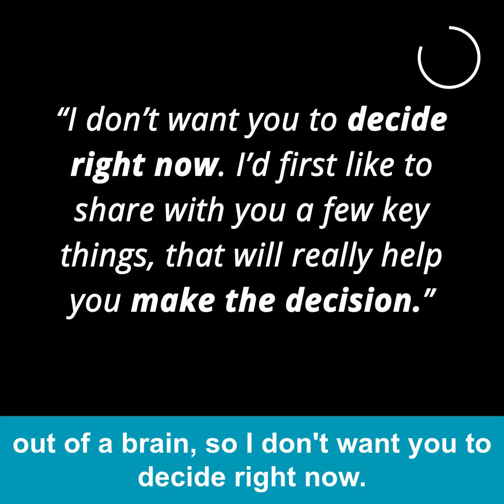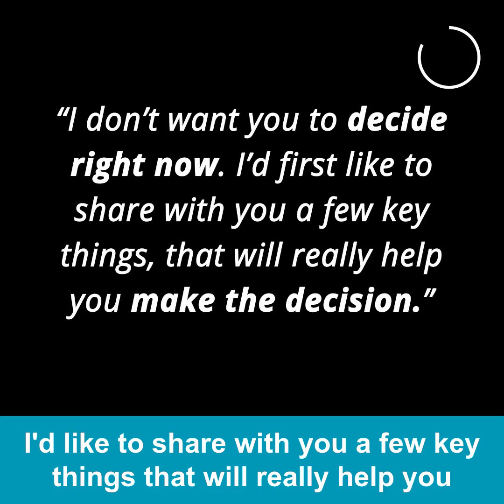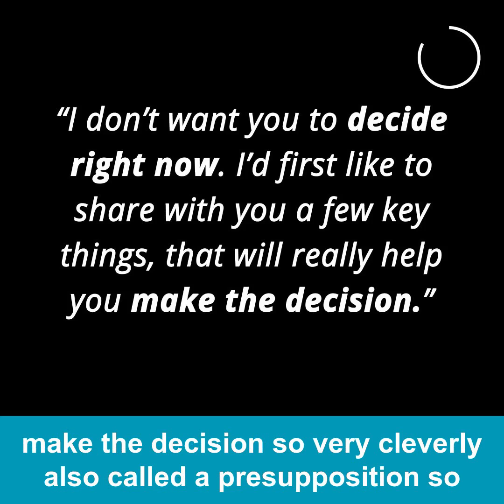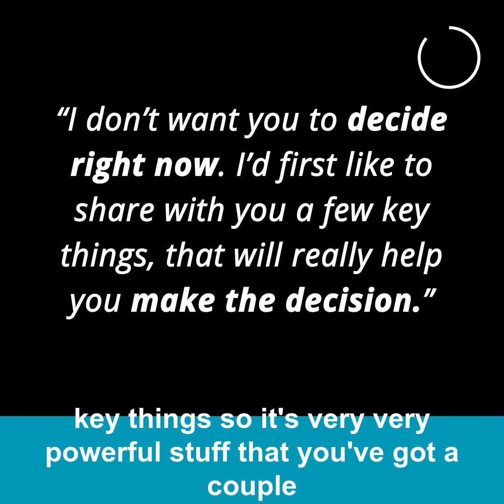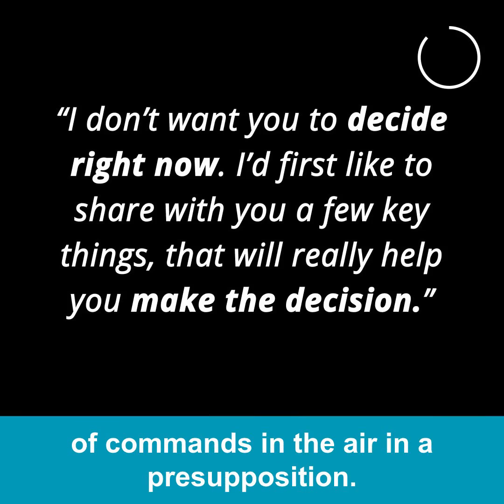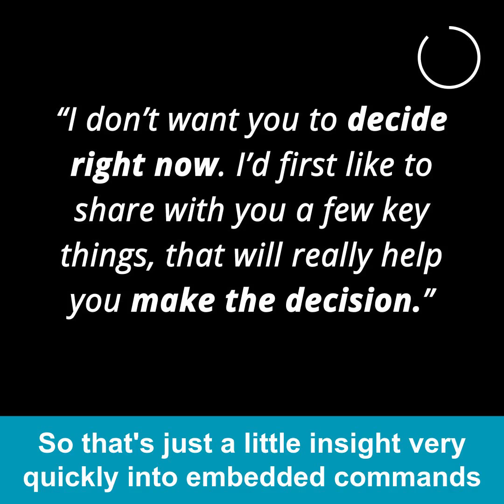So I don't want you to decide right now. I'd first like to share with you a few key things that will really help you make the decision. So we're very cleverly also, it's in hypnosis called a presupposition. So we're presupposing that they're going to make the decision after we show them these few key things. So it's very, very powerful stuff there. You've got a couple of commands in there and a presupposition and negation.